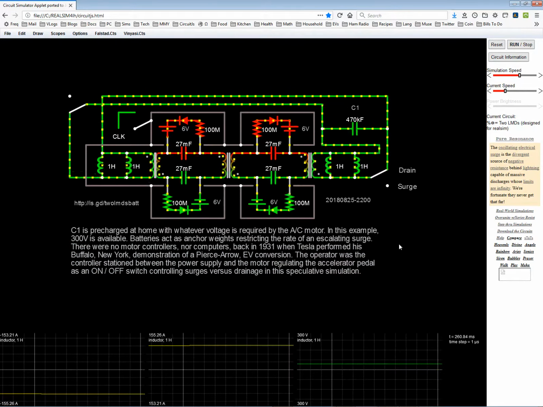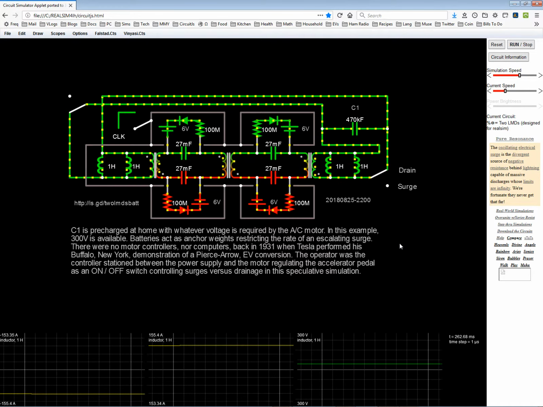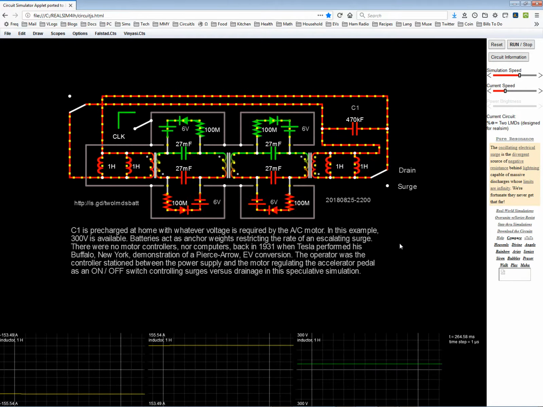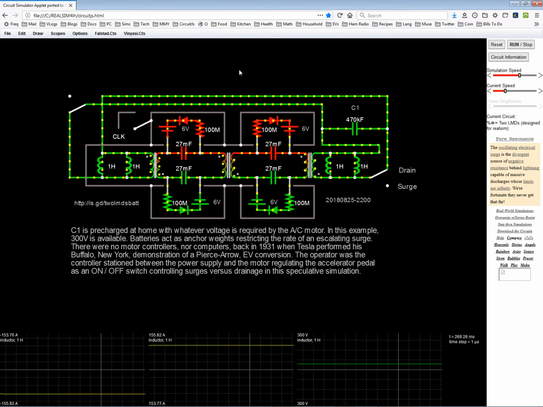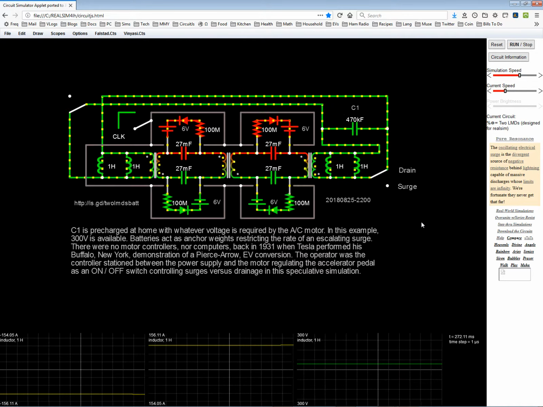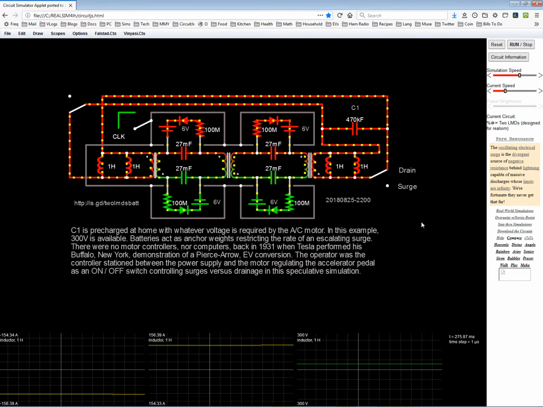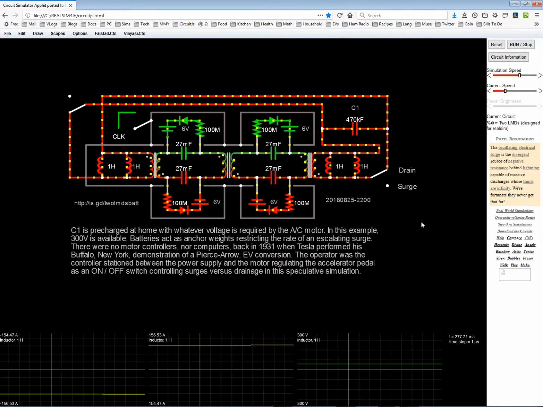And you'll be able to respond, because if you read this text here, what I'm saying is there were no computers or motor controllers in Tesla's day, and so the operator was the controller. It's kind of ridiculous to think that we can't do this without being dependent on all of the artifices that we have come to take for granted.